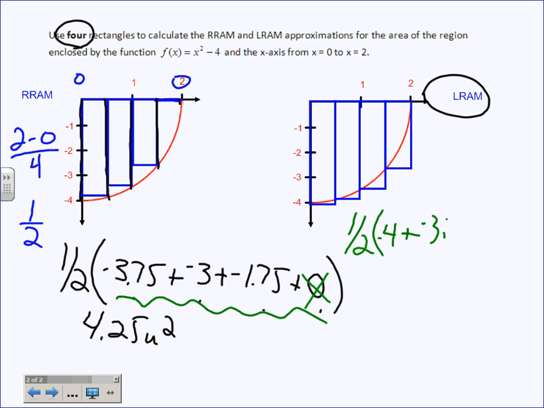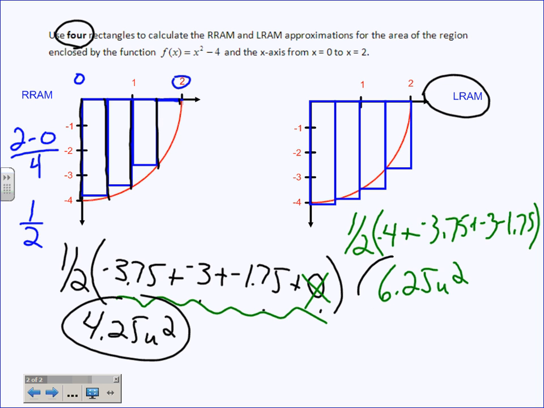Yeah, you know, -3.75, -3, -1.75. And this answer is 6.25, I've been told. Units squared. These are both very good approximations.